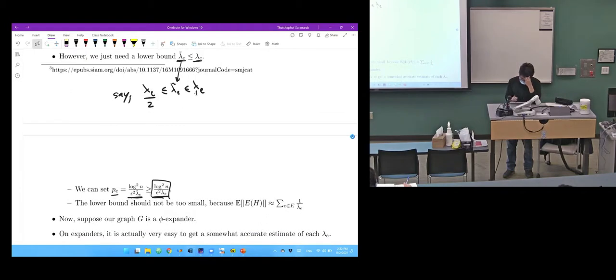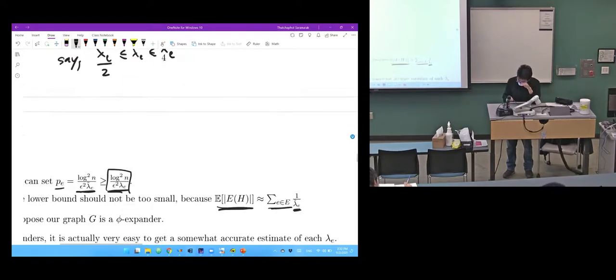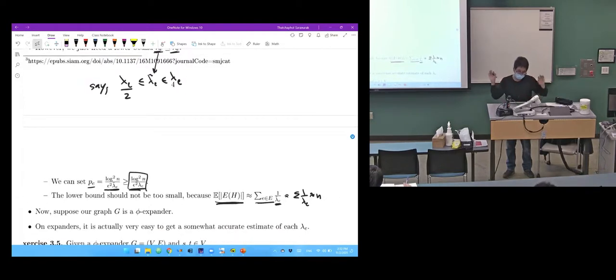But the size of the graph H is now something like the sum of 1 over tilde lambda_e. If tilde lambda_e is close enough to lambda_e, then this is going to be n. The point is, we just want some approximation of lambda_e, and that's fine.